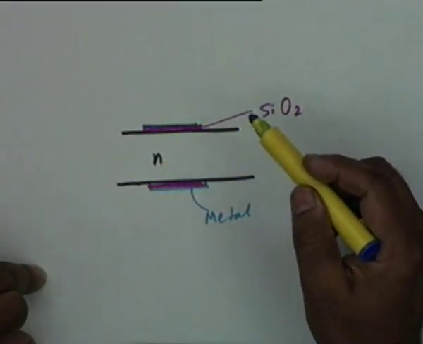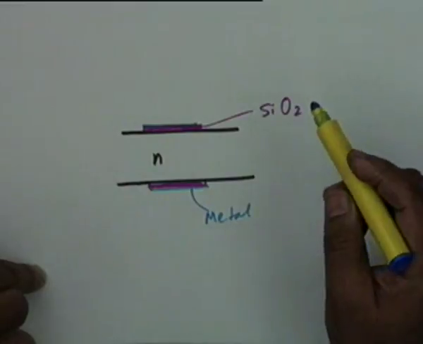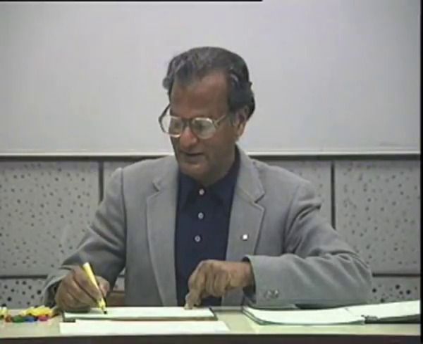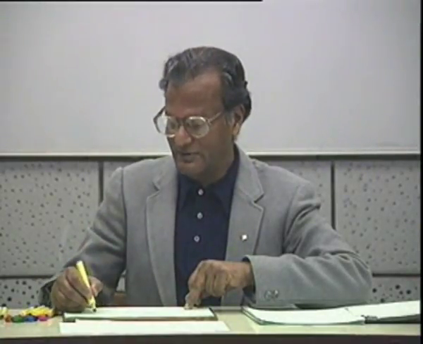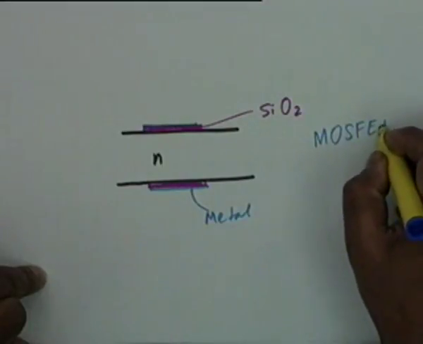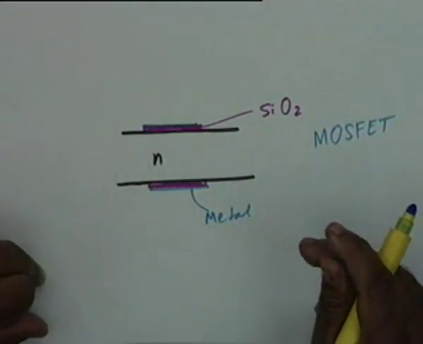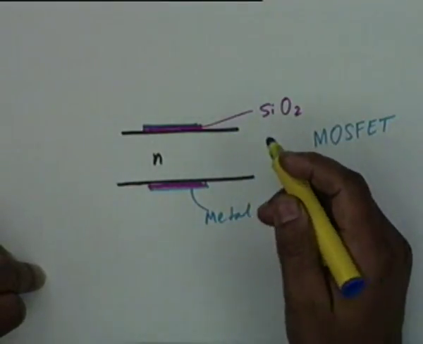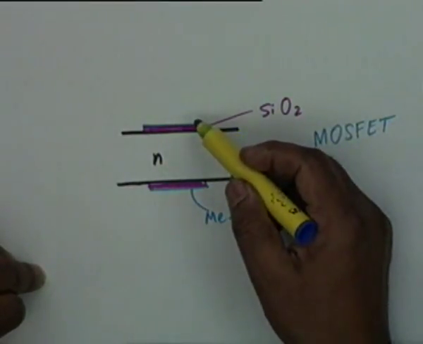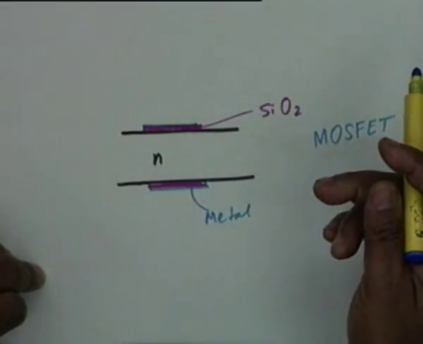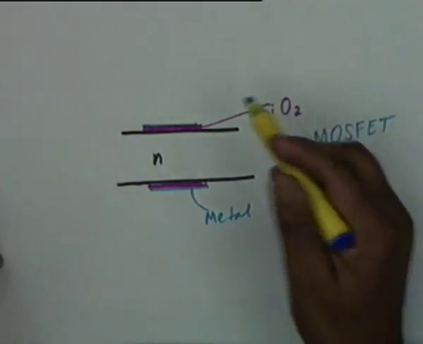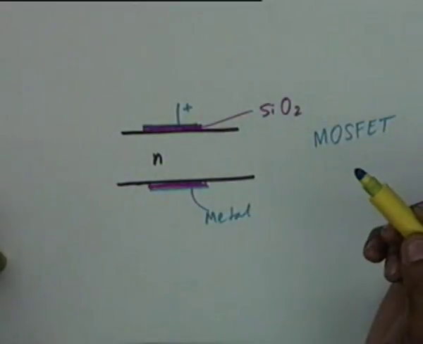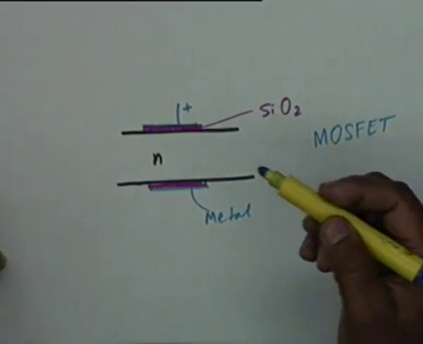This is the architecture of the FET, and it is therefore called MOSFET, metal oxide semiconductor field effect transistor. This is another way that the channel current can be controlled. Obviously, the channel current is being controlled through capacitive effect. If you apply a positive potential here, for example, what will happen?